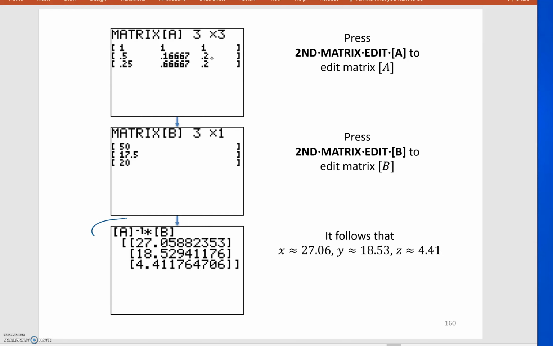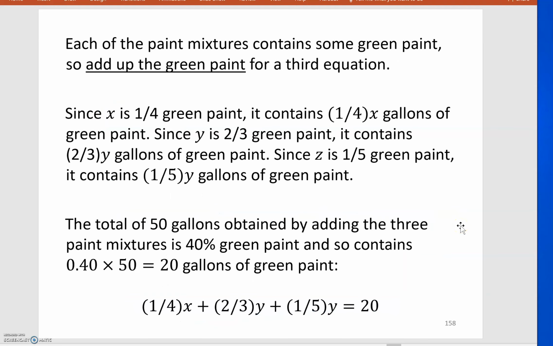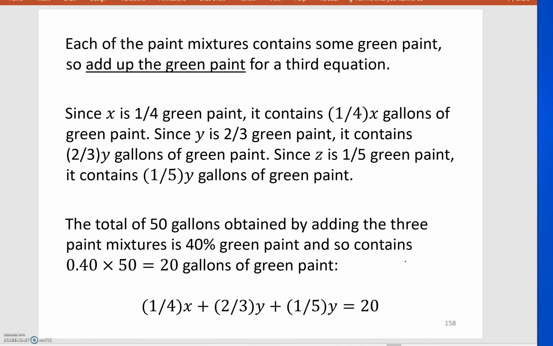So first we enter the matrix, then we enter the 3x1 matrix. Actually, what I would probably do for my 3x1 is just enter it like 50, and then 0.35 and 0.4.